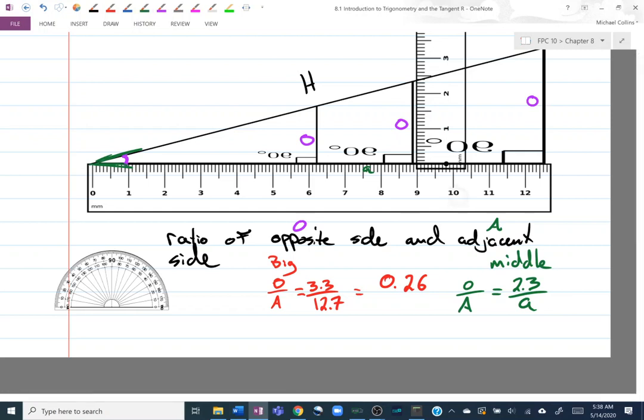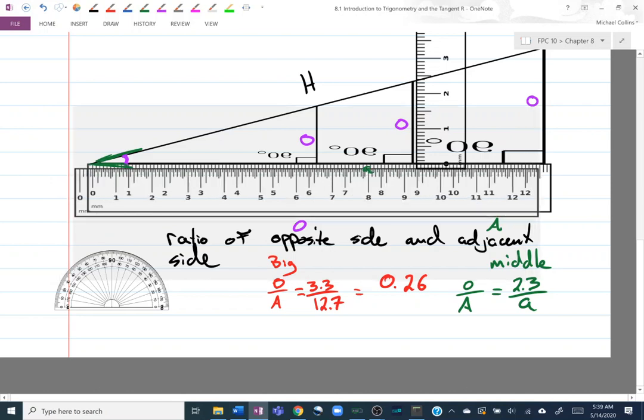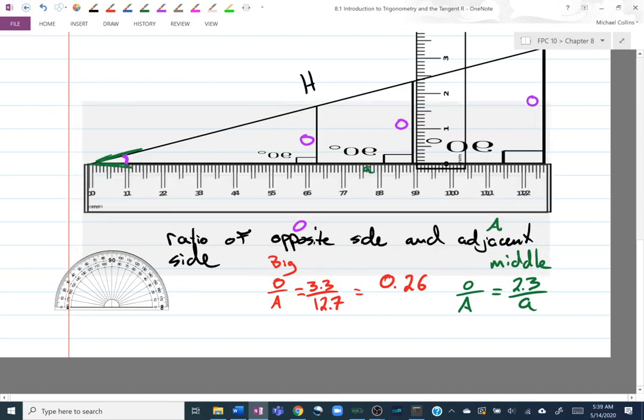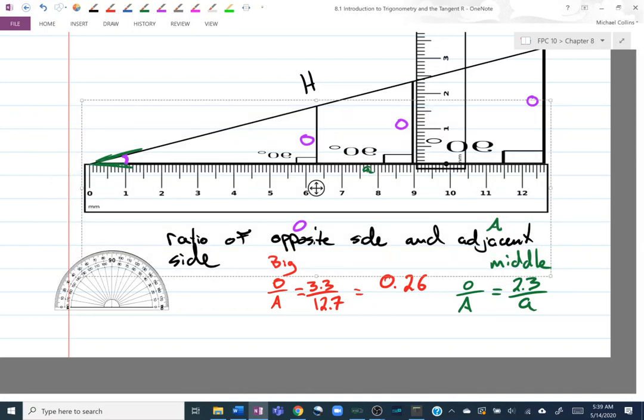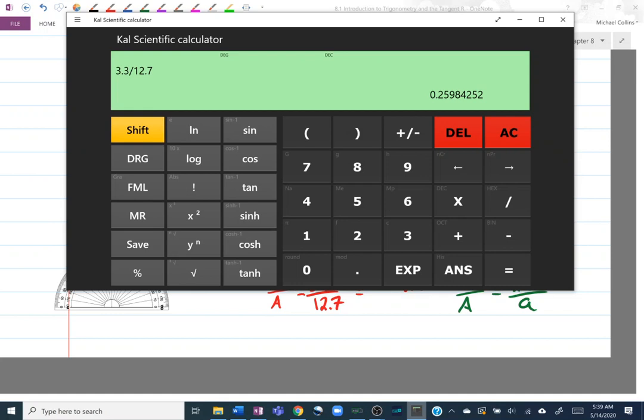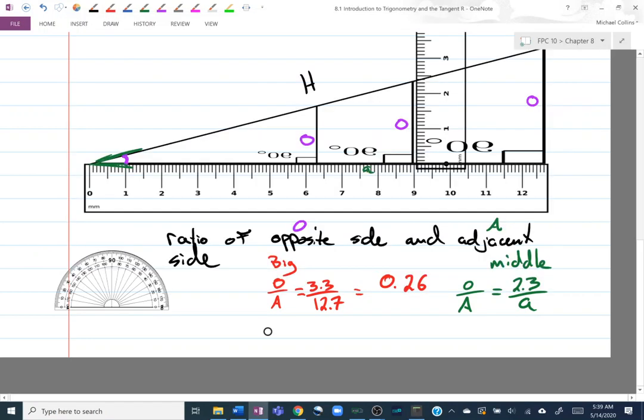I wrote down what it should be, but it's a little bit off right now. If I line my 0 up with the edge, at about 9, 2.3 over 9. If I plug that into my calculator, I get also 0.26.